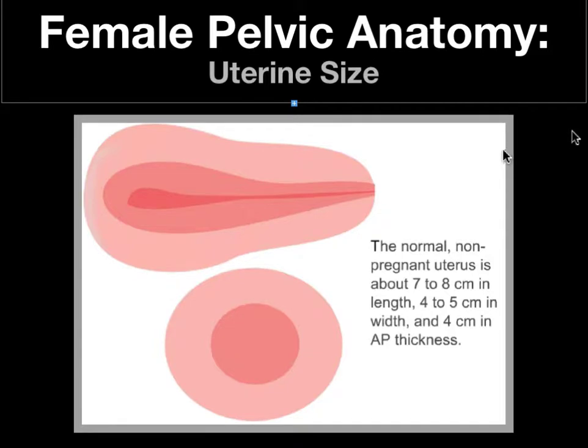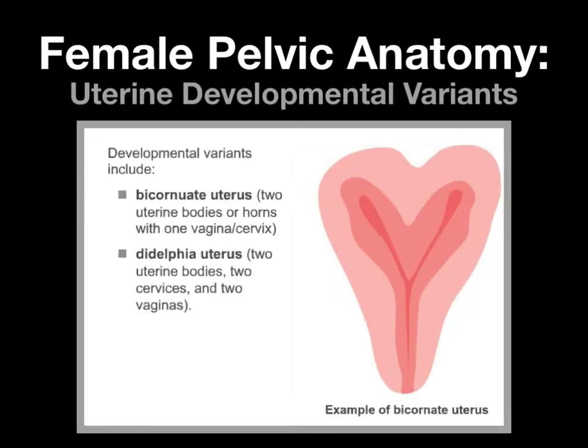In terms of uterine size, the normal non-gravid uterus is going to be about 7 to 8 centimeters in length. It is going to be about 4 to 5 centimeters in width and about 4 centimeters in AP thickness. Looking at uterine developmental variants, there are 2 that you need to know.